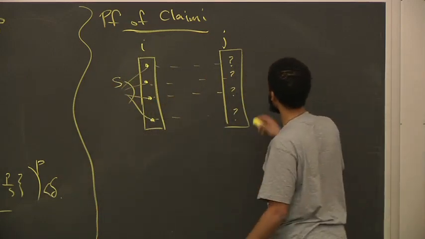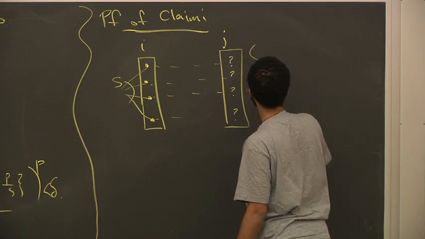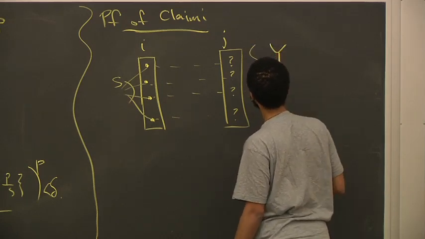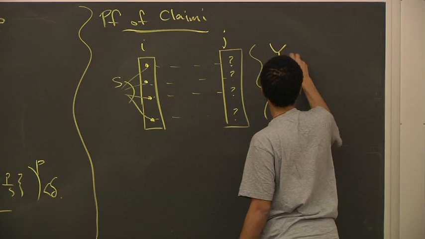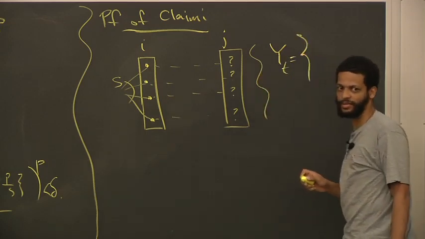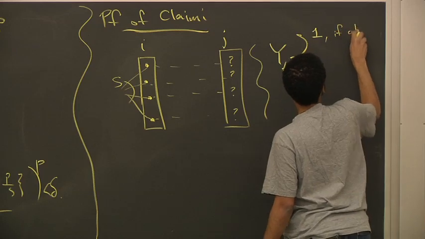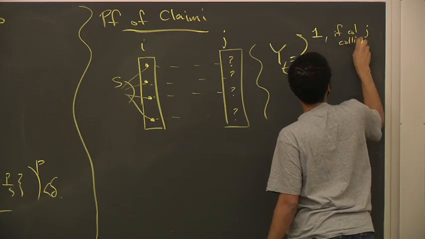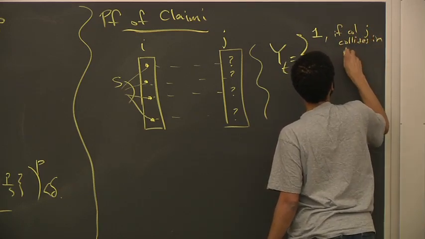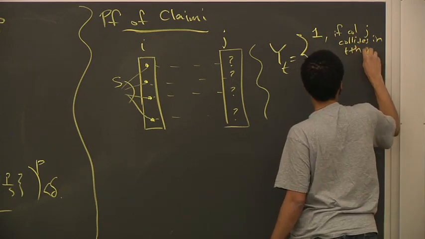So let's write y_t is equal to, it's an indicator random variable, 1 if column j collides in the tth row.